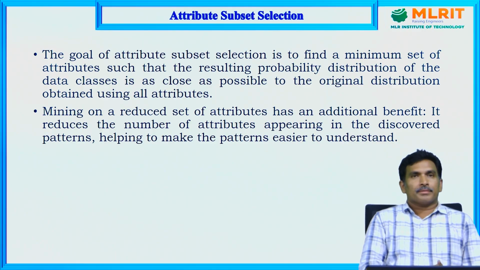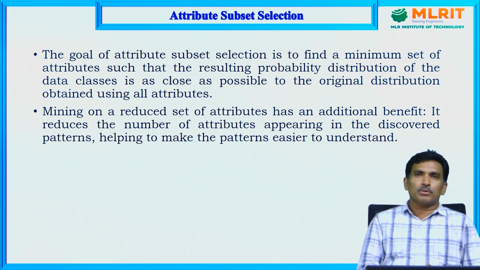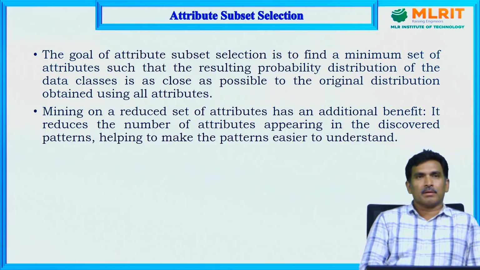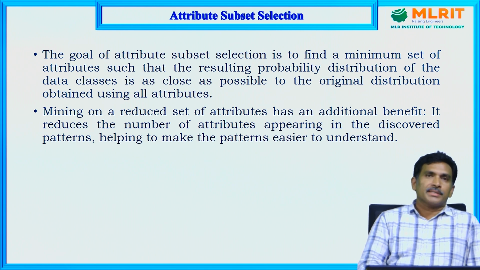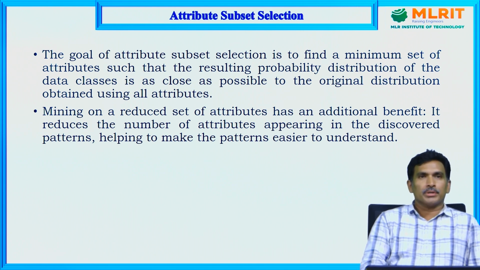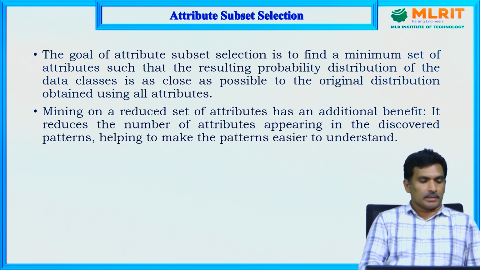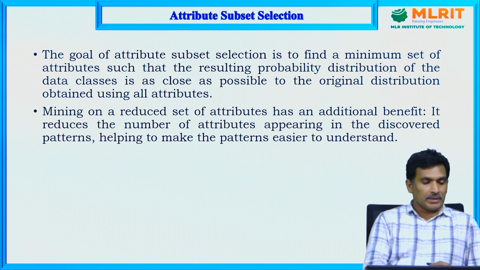So the goal of attribute subset selection is to find a minimum set of attributes such that the resulting probability distribution of the data classes is as close as possible to the original distribution obtained using all attributes.